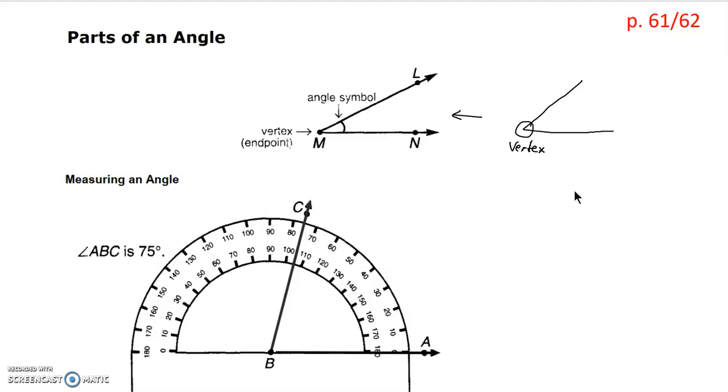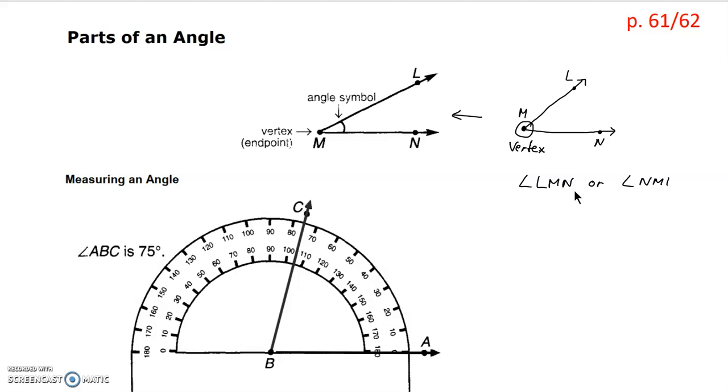So what we have here is an angle that we can identify as LMN, or we can read it the other direction, NML. So we can identify this angle two ways, but what's important to know is that the vertex, that point M, is always going to be in the middle, no matter what.